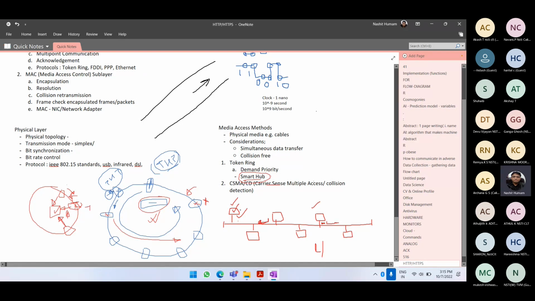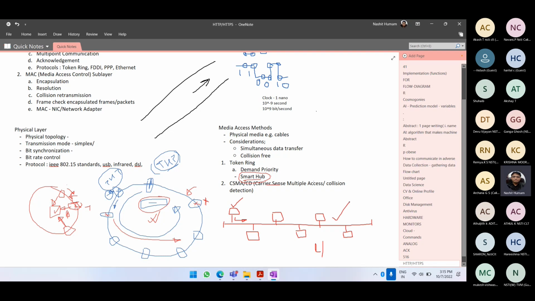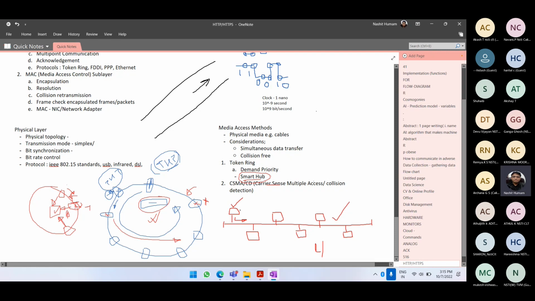Fine. Let us try to understand it once again. We have this network. I want to transmit my data. What I do is I send a sensing signal. This sensing signal will travel throughout the network, and in case it collides with some other signal, I would get a collision signal.